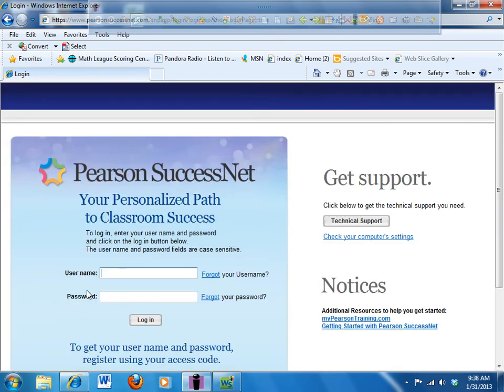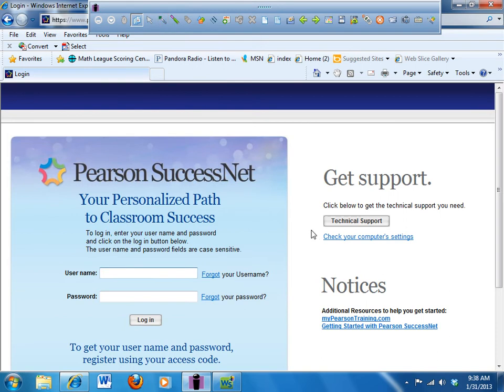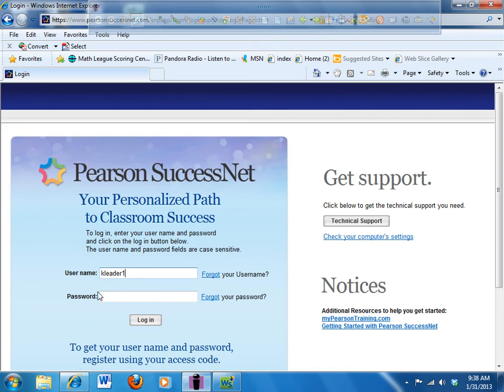You'll have to register first. Type in your username. And type in your password. I can't tell you my password, because then you'd steal all my money from my bank account.